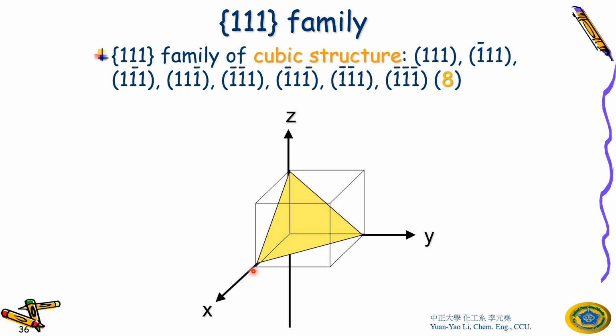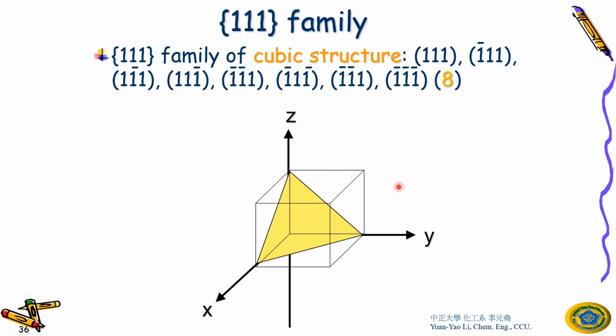There are 4 members below the XY axis, right? So there are 8 members. So the 111 and 1 over bar 1, 1 over bar 1 1 over bar.